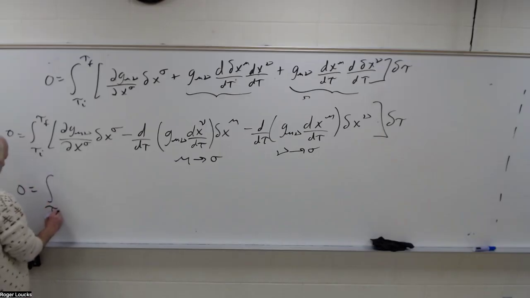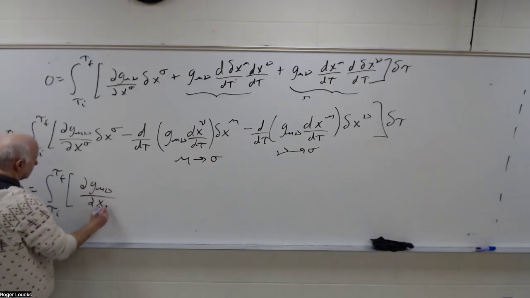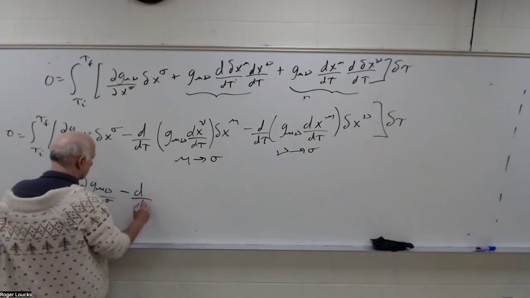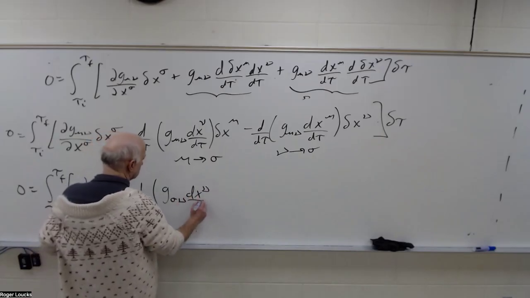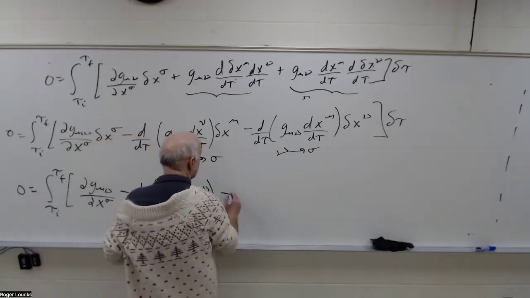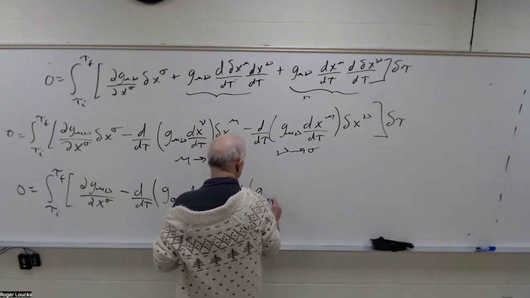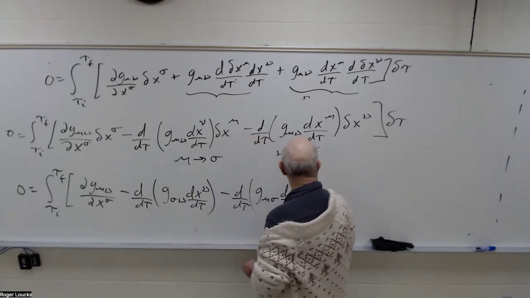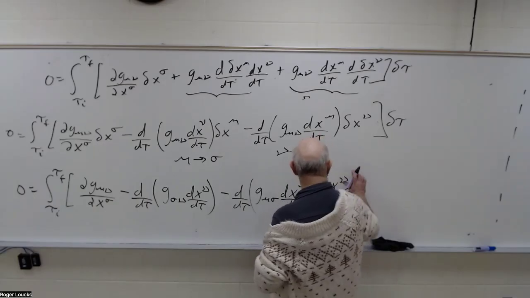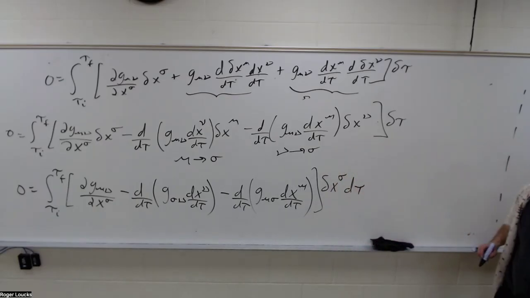Zero equals the integral from tau initial to tau final of partial g mu nu, partial x sigma, minus d by d tau of g sigma nu dx nu d tau, minus d by d tau of g nu sigma dx mu d tau, big bracket, delta x sigma of tau. Does that make sense?